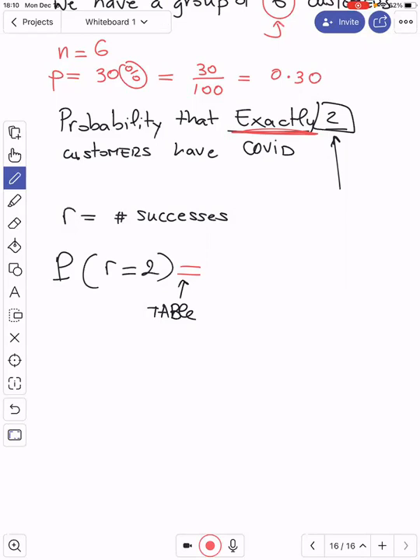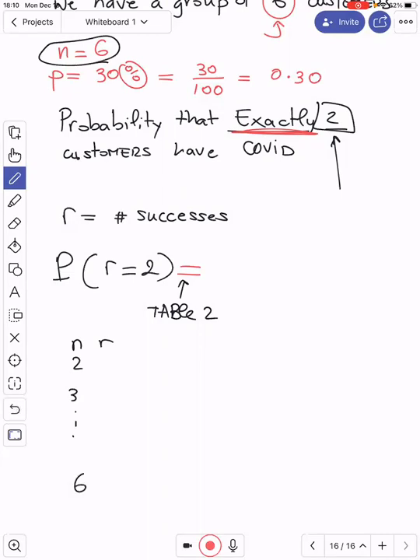It's a binomial distribution. So you need to use table number 2, and in table number 2, you have your n, and next to n you have your R. The first value of n is 2, then you have 3, etc. So in our problem, n is 6.